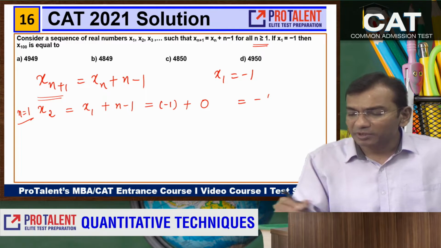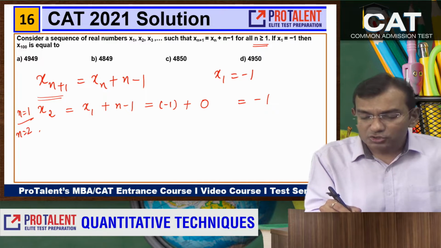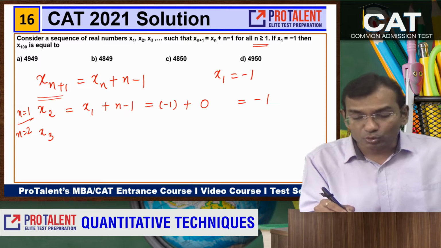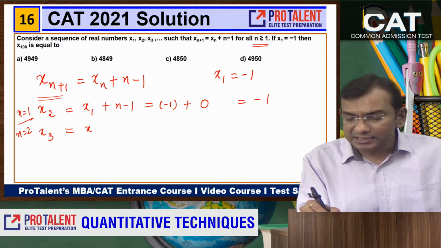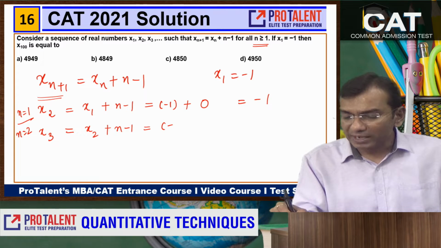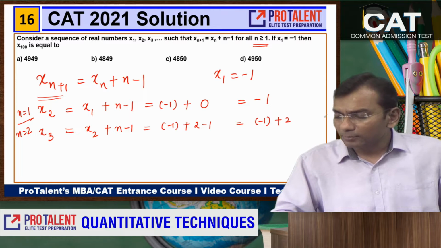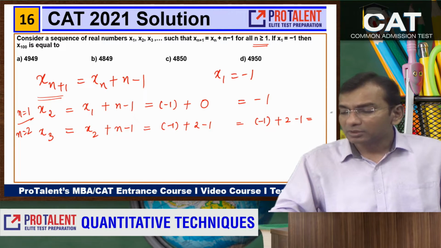So x2 is minus 1. Then I am putting n equal to 2, so I get x3. x3 is x2 plus n minus 1. x2 is minus 1 and n is 2, so this is minus 1 plus 2 minus 1. That makes it 0.